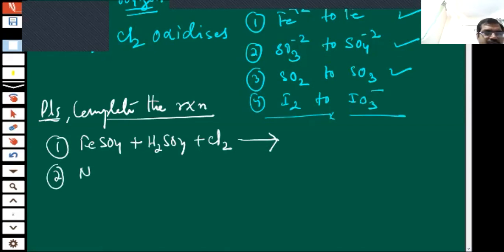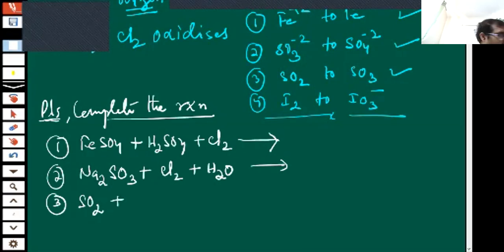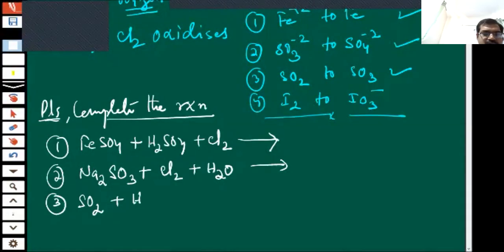Next, Na2S, it is sulfide, plus chlorine plus water. Please complete the reaction. And then sulfur dioxide plus. Balancing is not required, only write the correct products.